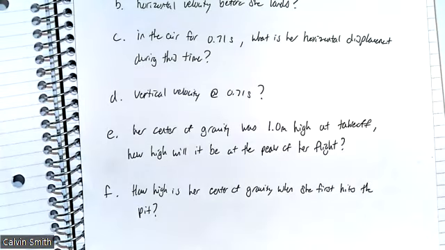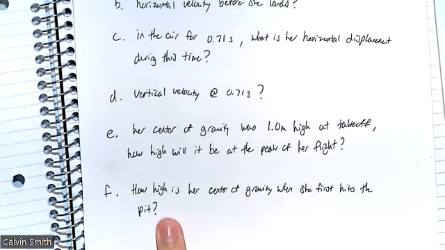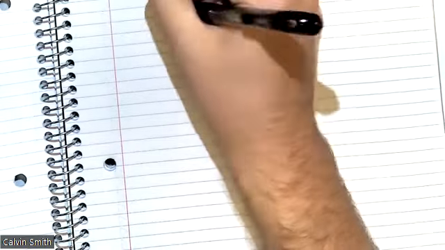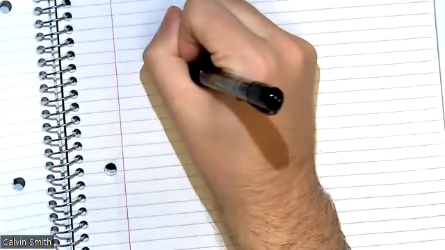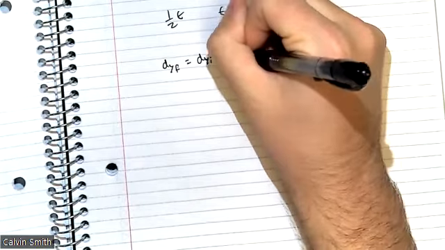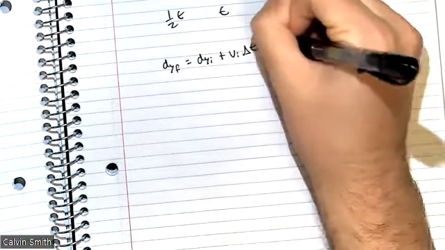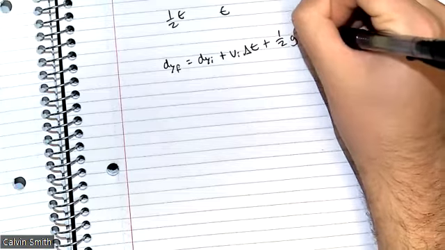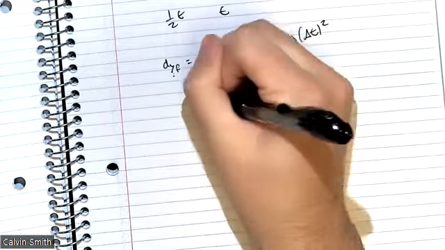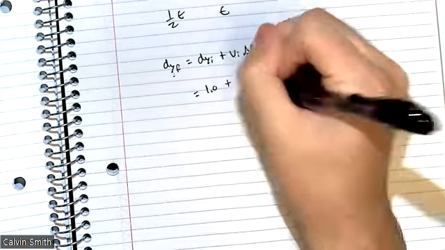Lastly, this brings us to part F. How high is her center of gravity when she first hits the pit? It's the exact same math we just did on part E, but instead of using that half time, we're just going to use the full time. So d sub y final equals d sub y initial plus vertical initial velocity times delta t plus 1/2 gravity delta t squared. Still looking for this. Still 1.